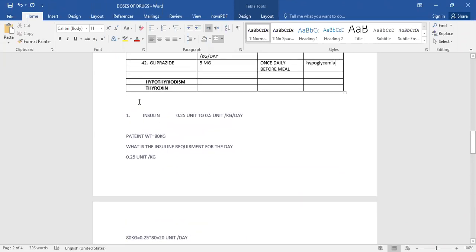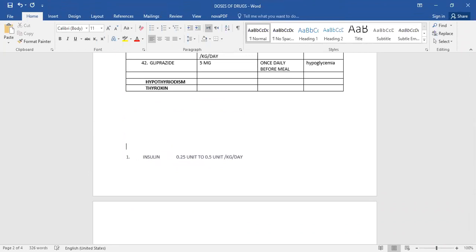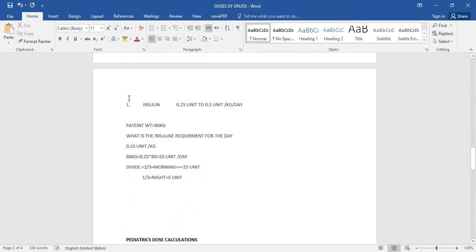How are you going to calculate the insulin doses? If you decide to start a diabetic patient on medications, you will start with insulin. No matter what kind of insulin, you first need to calculate the amount required. The usual starting dose is 0.25 unit to 0.5 unit per kg per day.